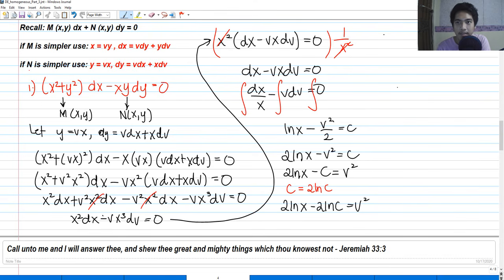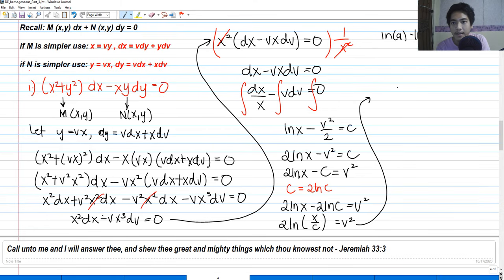So by properties of natural logarithm, we have a formula of ln of a minus ln of b. I've told this already. We have ln of a over b. So I will perform it here. So this would be 2 ln of x over c. So the inside function of the first term is divided by the inside function of the second term of the natural logarithm. So 2 ln of x over c equals v squared.